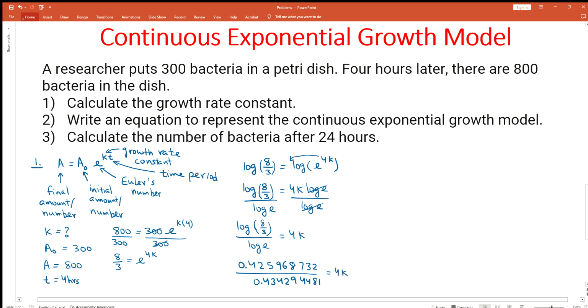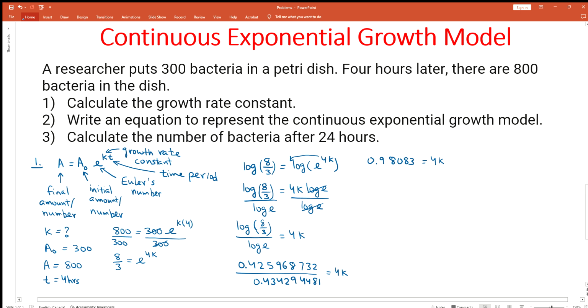Now we can divide these decimal numbers. I get 0.98083 rounded to 5 decimal places equals 4k.